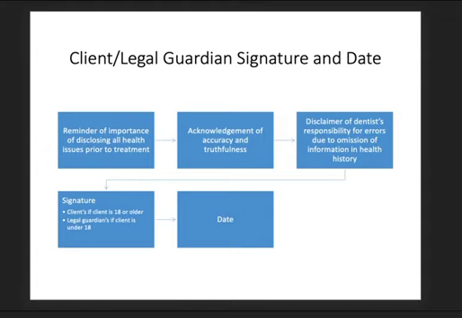And then, of course, we're going to get those signatures from our client or the legal guardian if we are working on an individual that is under the age of 18. Now, for us in clinic, individuals who are under the age of 18, their parent is going to fill out a child health history, and it also includes that informed consent so that we know what procedures can and cannot be done for a patient.